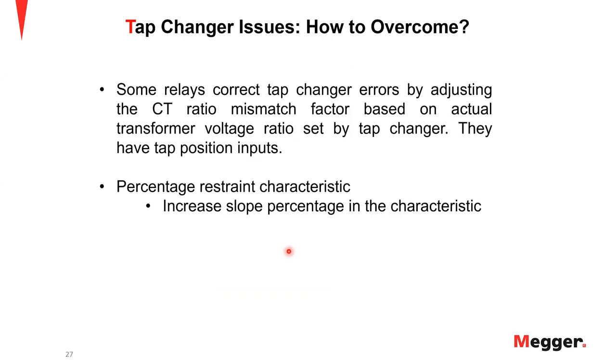And we'll be discussing in detail the slope characteristic in the next few slides. And obviously, some relays may have tap position as inputs coming into them. So they can dynamically change these errors by adjusting your mismatch factor using what voltage is being set at that particular time.